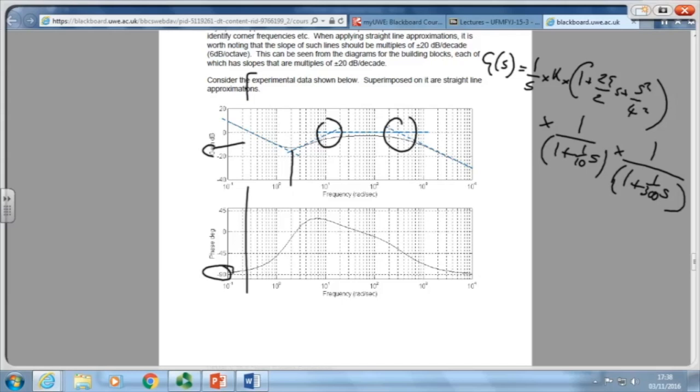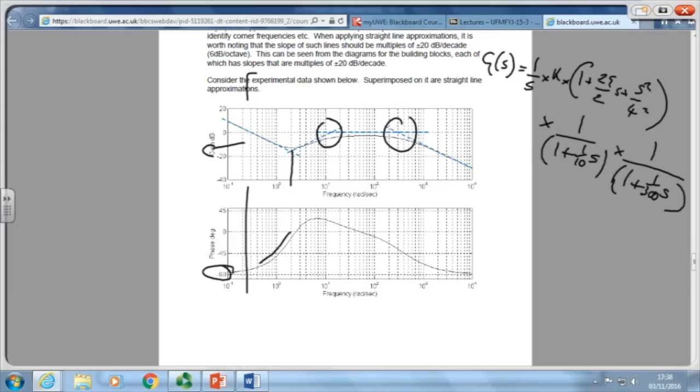My second order lead should contribute, it starts off at 0 and it goes up to plus 180. So if I add that on top of what I already got, it should go from minus 90 towards plus 90. It doesn't quite get there because something else is happening, but it's looking reasonably convincing.